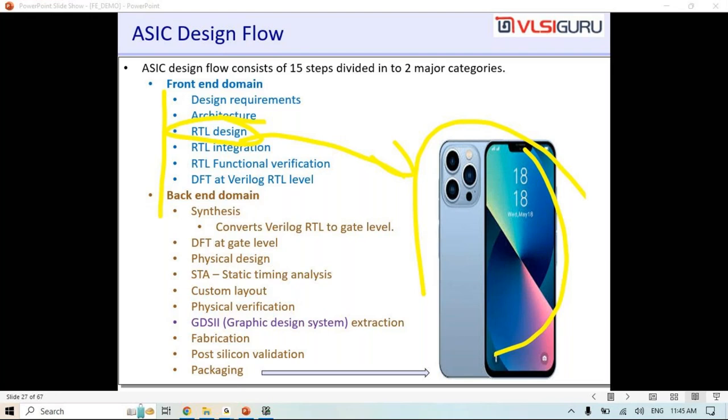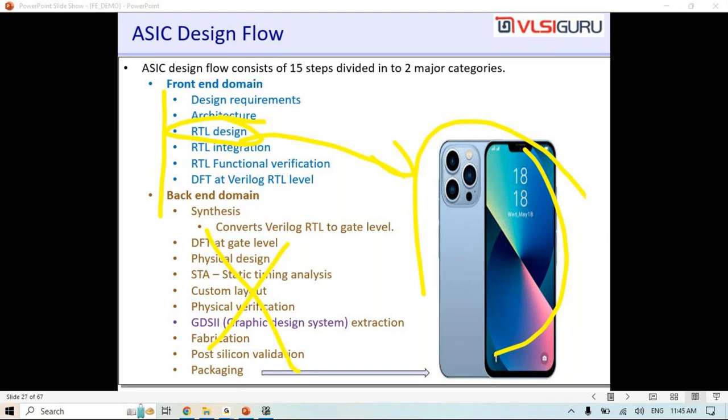So in software, there is no need to fabricate things. This entire process won't be there at all. Software engineers don't have this process. Their work starts with developing the code, testing that the code is working fine, then you start deploying. Whereas in VLSI, ASIC, whatever code you have developed, you have to convert it into gate-level format.